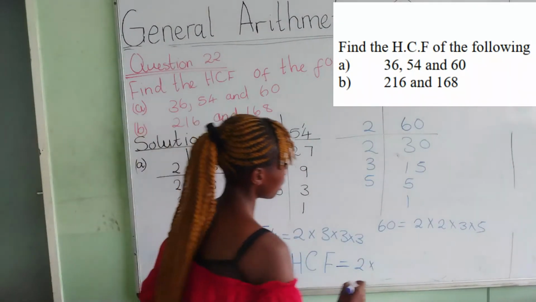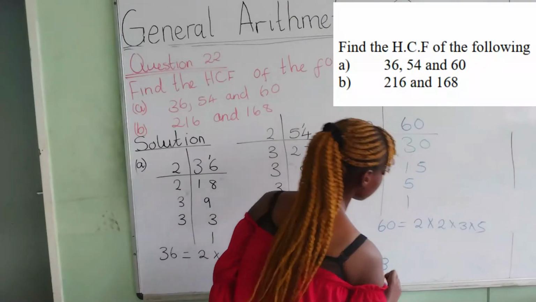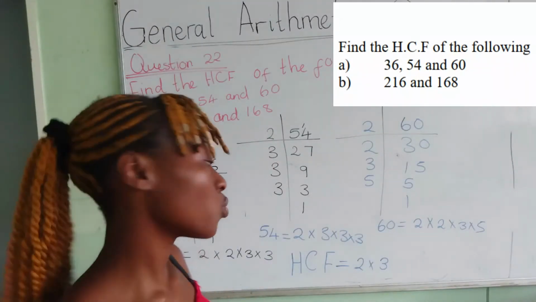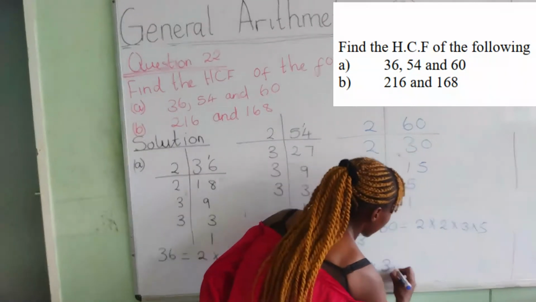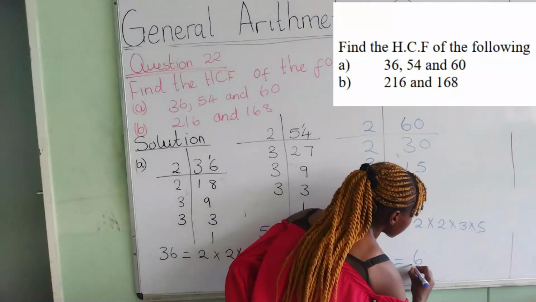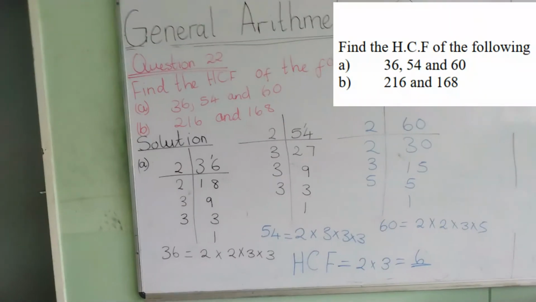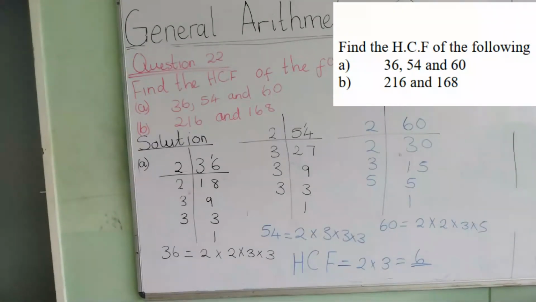Take 3, it appears again, just take it once. Then 5 doesn't appear in both. So our highest common factor is 6. That's how it's done. As simple as that.